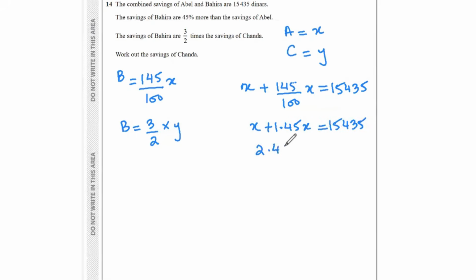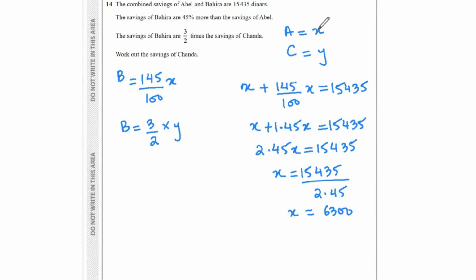That's 2.45x. Then we're going to divide this by 2.45. And that's going to give us 6,300. So that is Abel's saving. So for Bahira, that's going to be 1.45 times 6,300, which is going to give us 9,135.